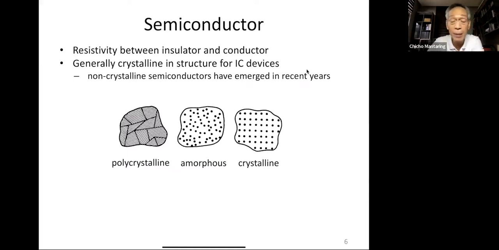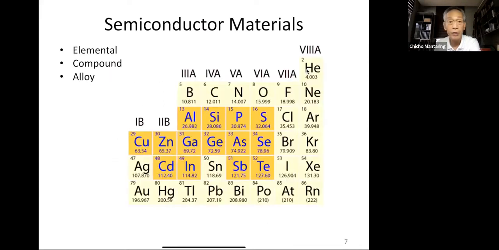Now, the semiconductors which we're going to cover in this particular course are going to be crystalline. If you take a look, this is your periodic table of elements. The most commonly used semiconductor is silicon. Atomic number is 14.